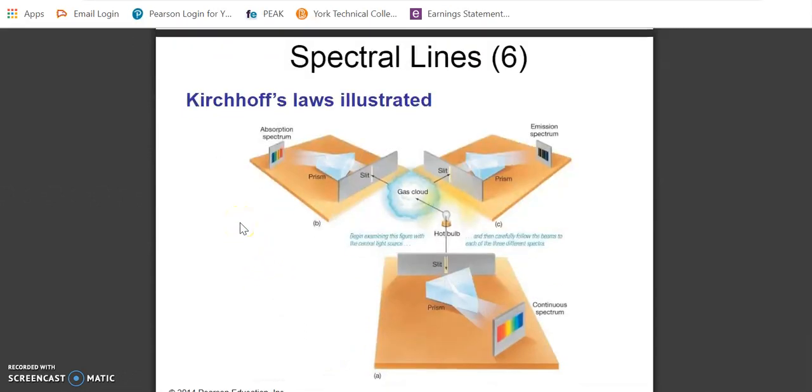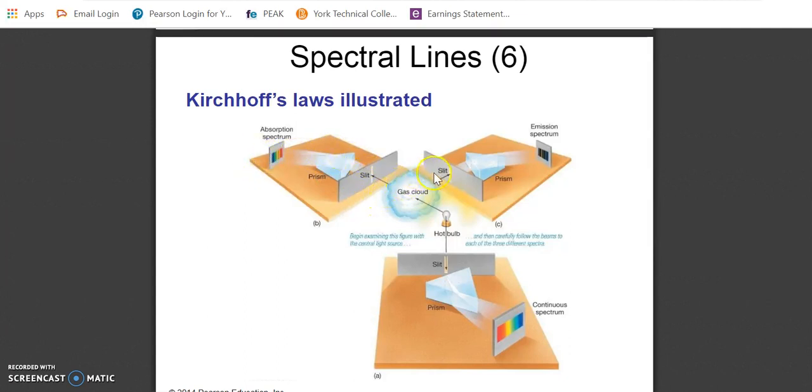All right, and so they're showing it all right here. Here is a source of continuous spectra, and just passing that through your diffraction grating or prism, you're going to get a continuous spectrum. If it goes through a cloud of low density gas, you're going to get an absorption spectrum.